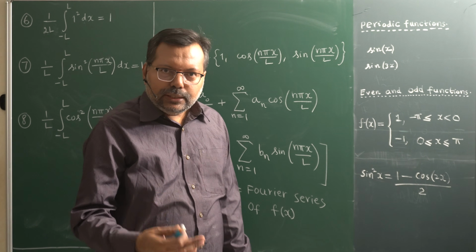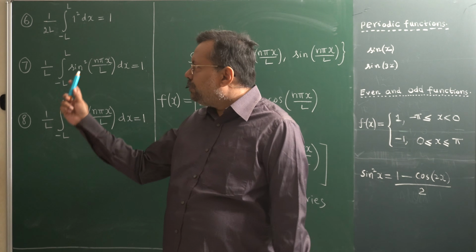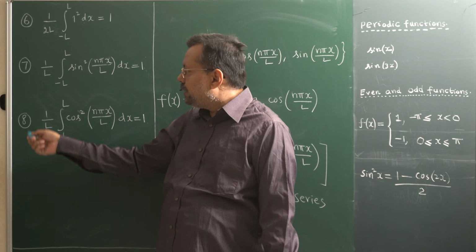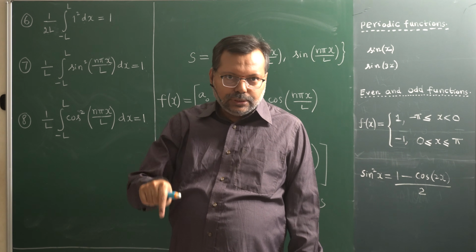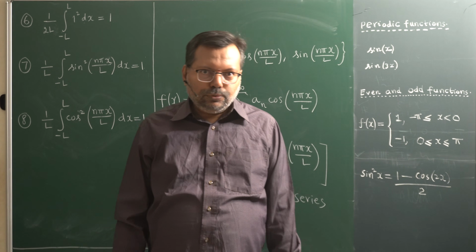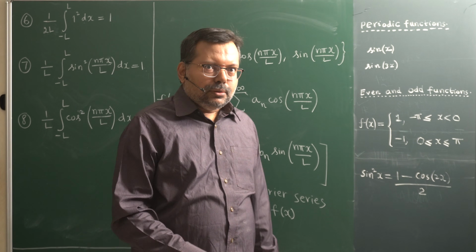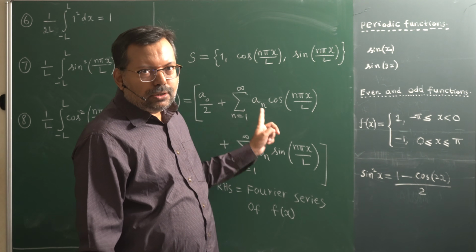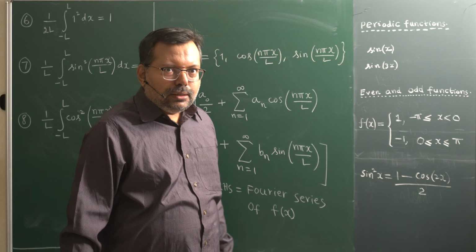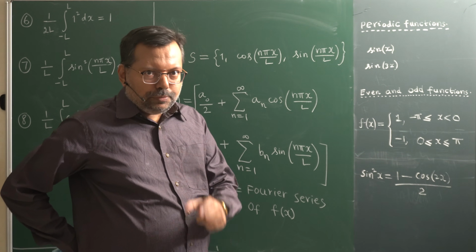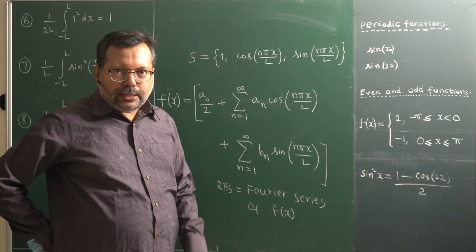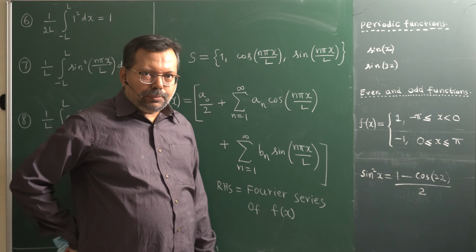How you calculate these constants is because of the properties: 1 for equations 6, 7, 8, and 0 for equations 1, 2, 3, 4 and 5. If you don't have those zeros and ones, you cannot calculate these constants. That is where the orthogonality property comes into the picture. The determination of the constants is because of the orthogonality property. That is the point to be noted.